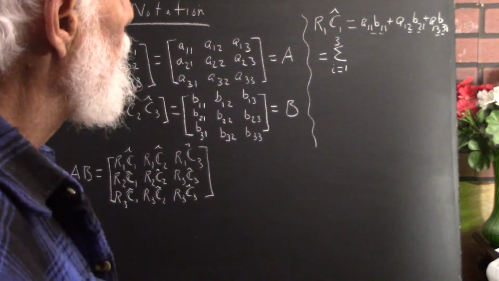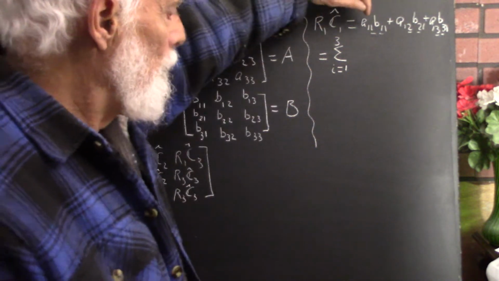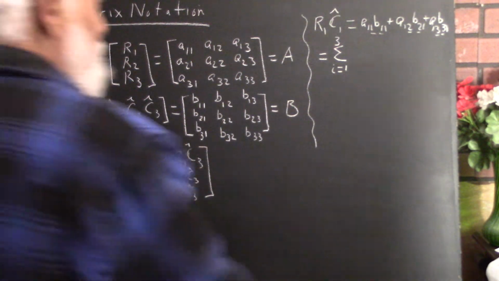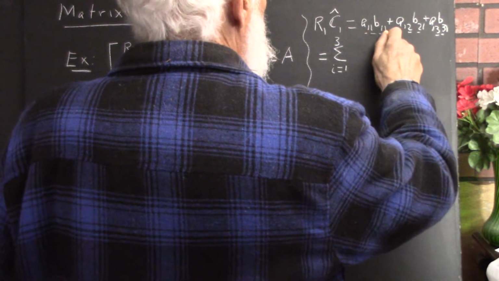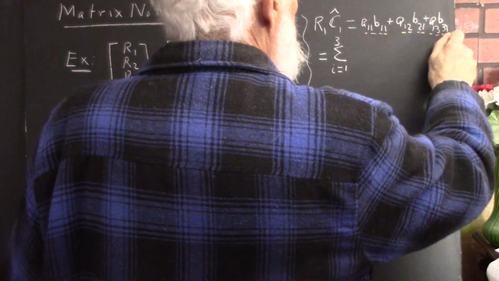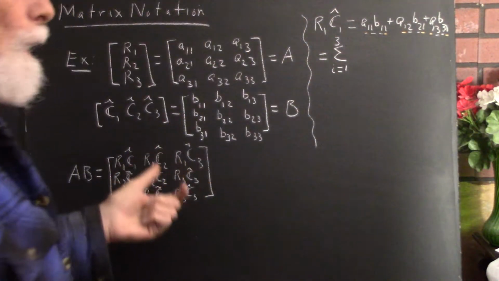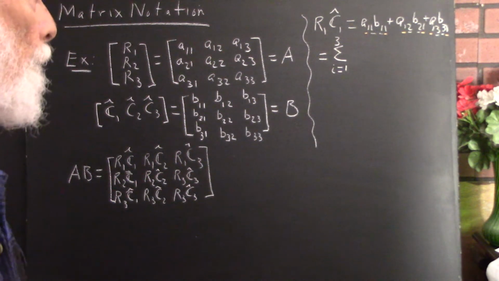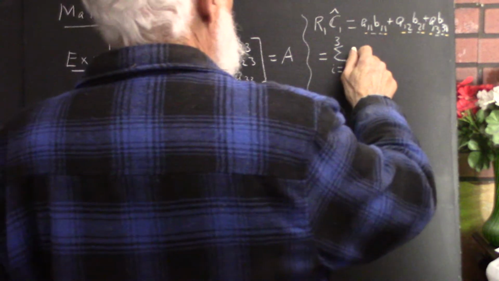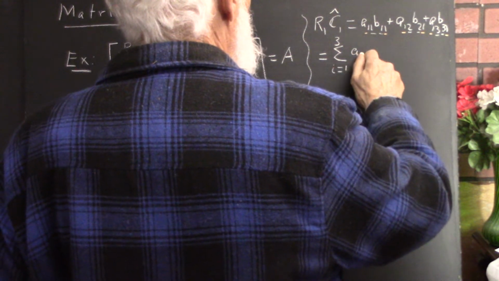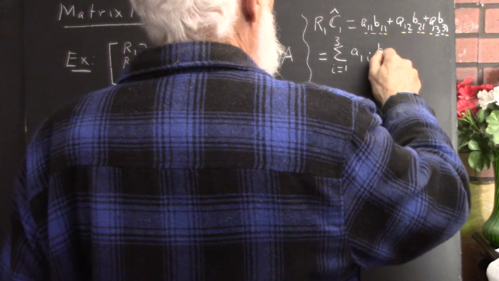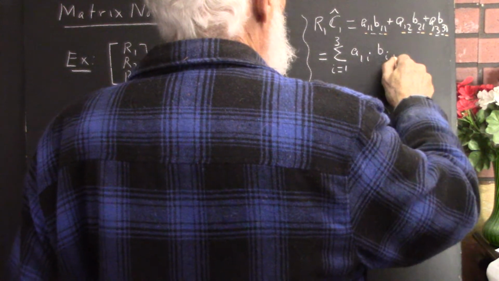Well, the other thing we can notice is that the remaining subscripts, the 1 here, and the 1 here, and the 1 here, and the 1 here, and the 1 here, and the 1 here, those remaining subscripts are both 1. So we could write this as a sum of A1I times BI1.